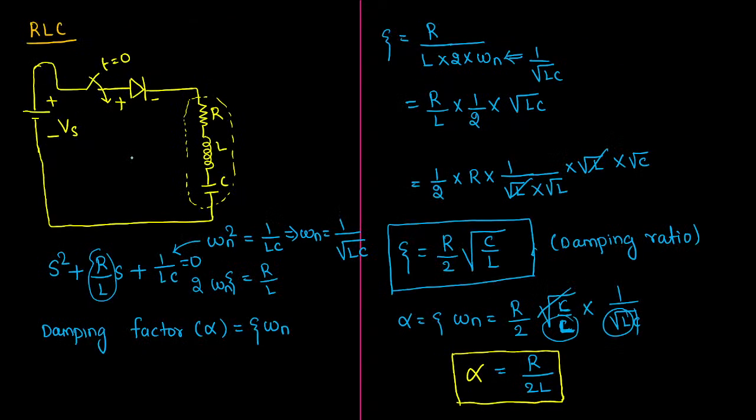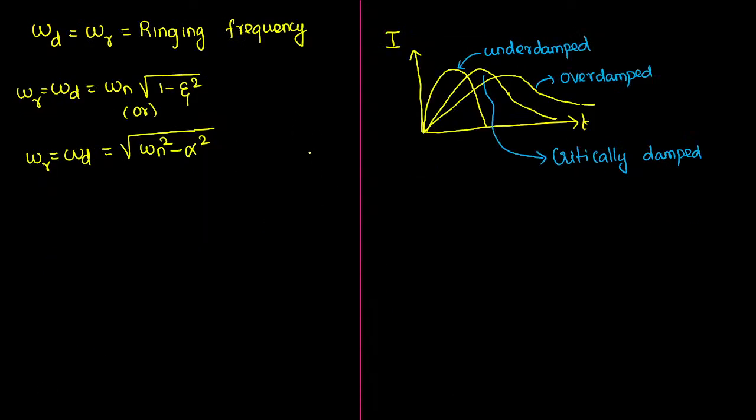The characteristic equation we solve and derive 4 types of classification: undamped system, underdamped system, overdamped system, critically damped system. For each one, we substituted a value of epsilon. I hope you all remember this. So basically we will have 4 types of system here. One is undamped. Based on the value of the damping factor or epsilon, the systems will be categorized.